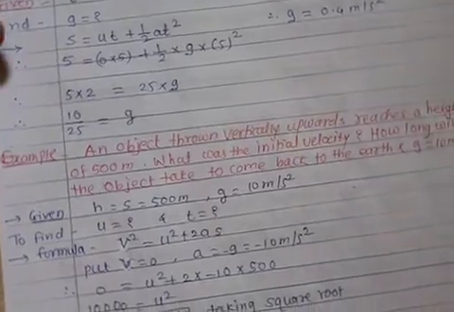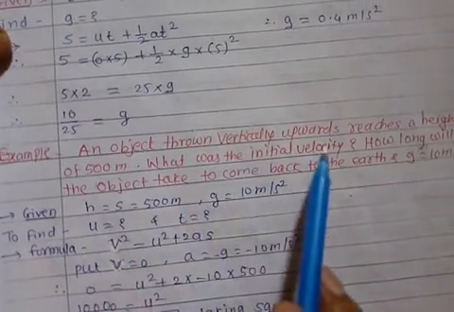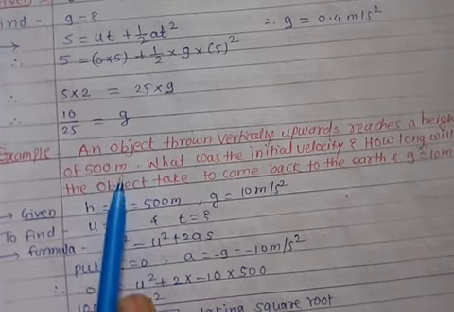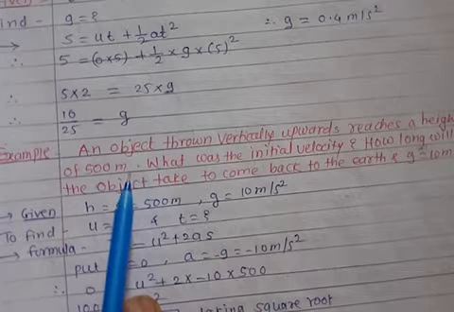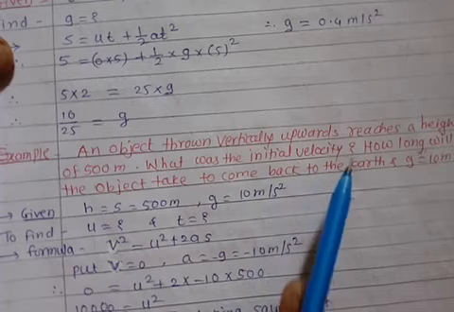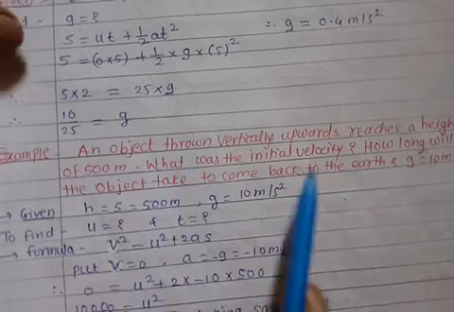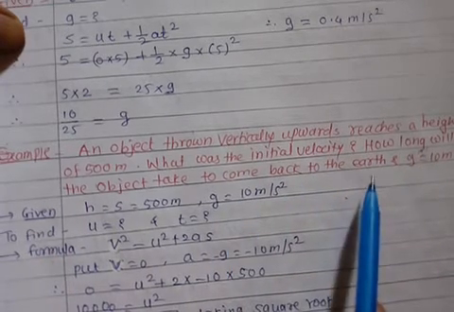Second example is like this. An object thrown vertically upward reaches a height of 500 meter. If we throw an object in the upward direction, then it reaches 500 meter. What is the initial velocity to reach the 500 meter? How long will the object take to come back to the earth?